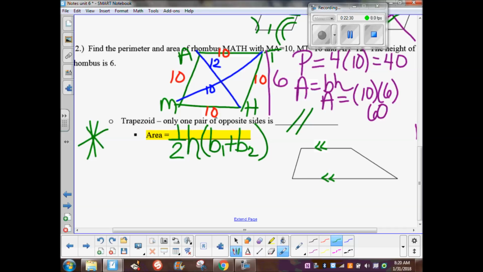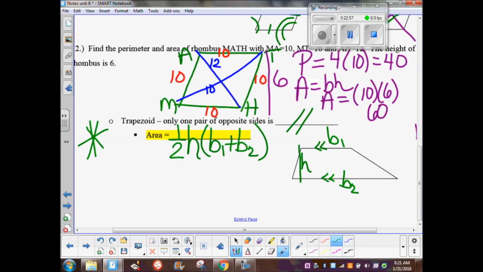So the top is base 1, the bottom is base 2. If we need to find the height, do I have the height already on that picture? Is there anything that's nice and straight up and down? Yeah, we have to draw it in. That would be the height.